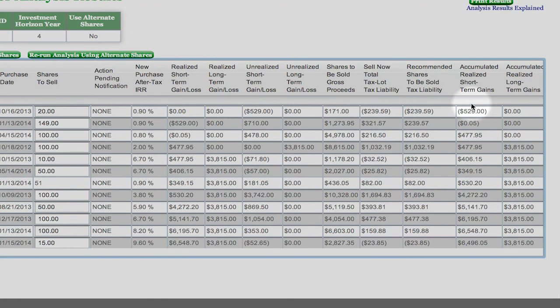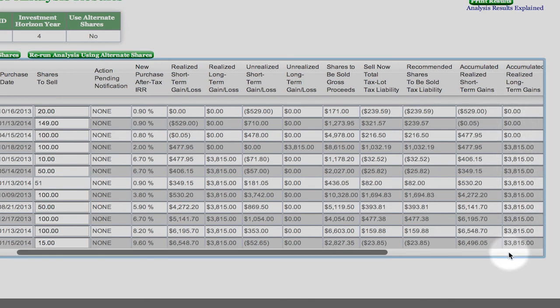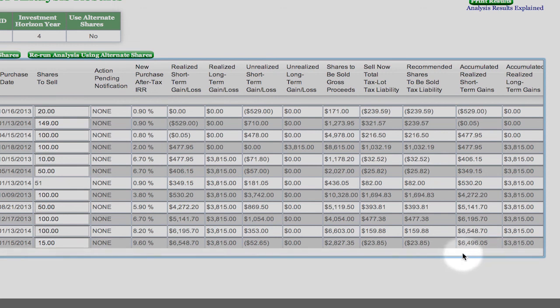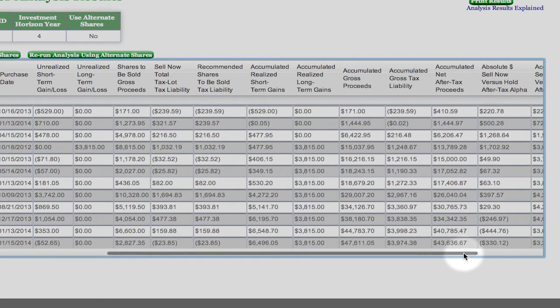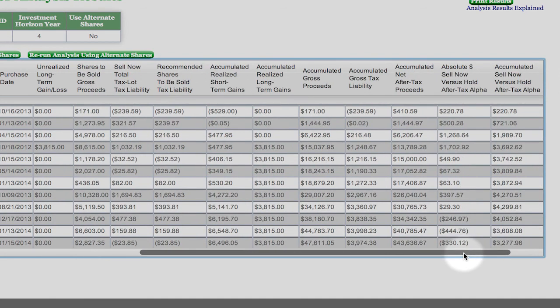If the tax lot is a long-term holding, this value would be the same as the inputted value. The next item, the accumulated realized long-term gains, is treated in the same manner as the accumulation of realized short-term gains, except it is based upon long-term gains and losses.